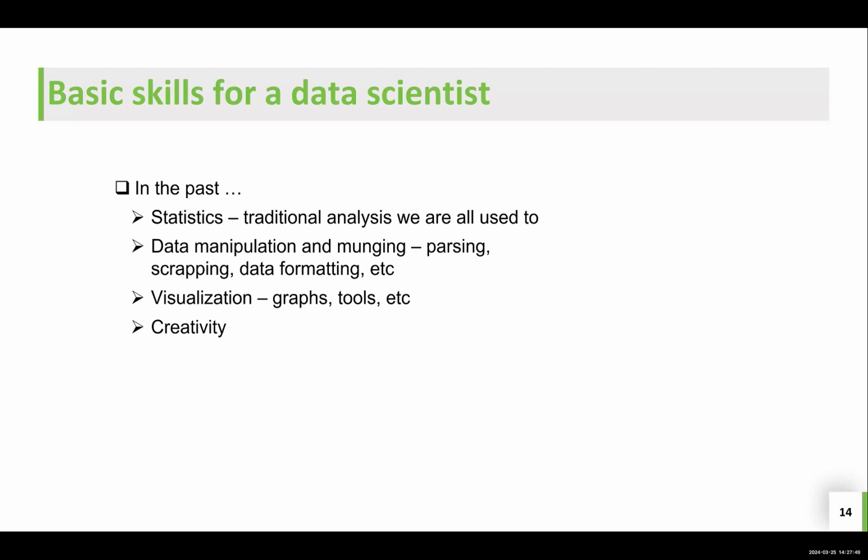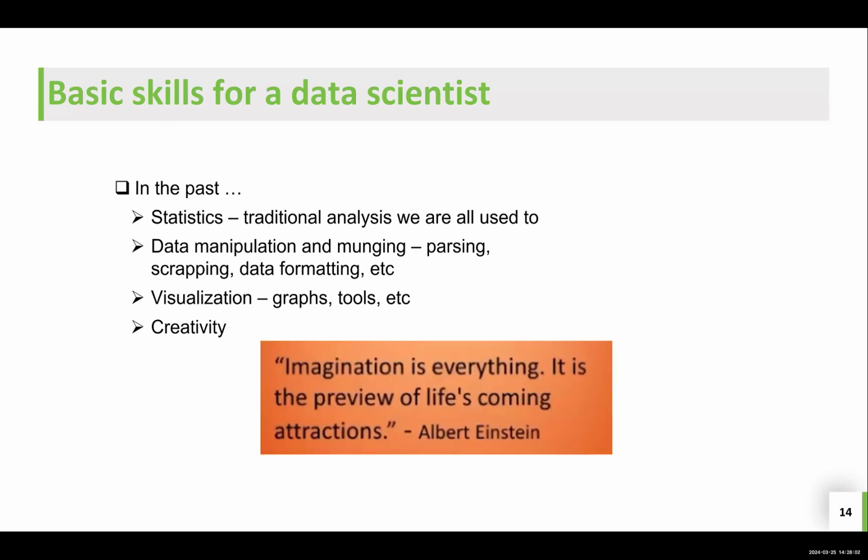But currently, what is important is being able to be creative. Most data science problems need you to think outside what you're used to. You should be able to be creative, and as per Albert Einstein, if you can imagine something, then maybe you have solved part of the problem or halfway it is solved.